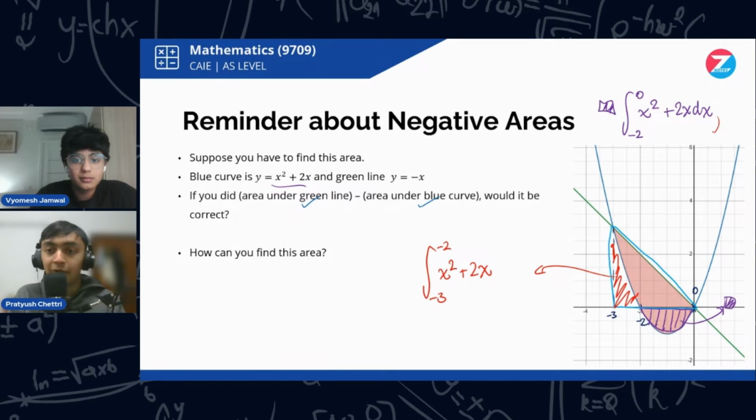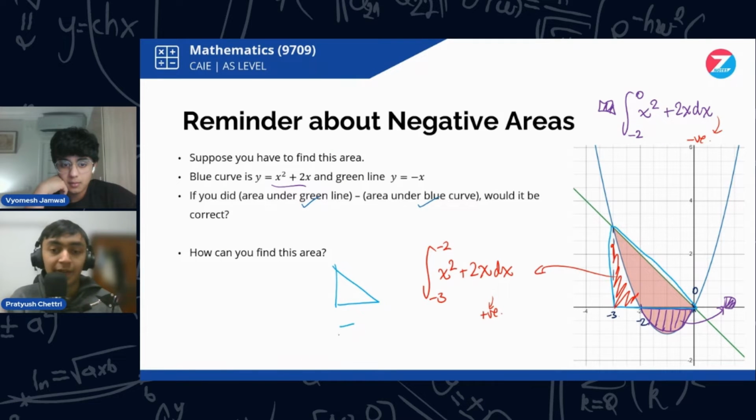And take note, this will give you a negative area. This will give you a positive area. So you have to take account of those. And what I get for that blue section there, I could do that blue triangle minus that red bit, will give me the shaded bit. Do you get it?